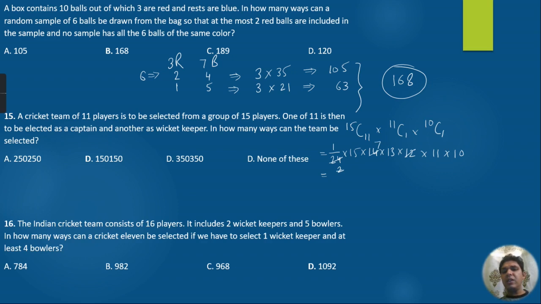If we multiply all this, what we are getting is 105 multiplied by 13 multiplied by 11 multiplied by 10, right?